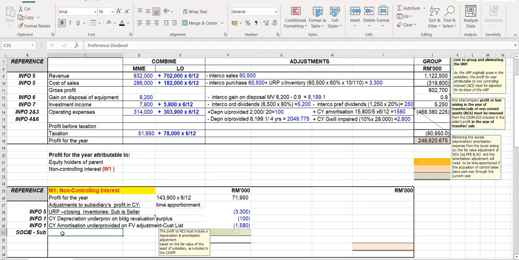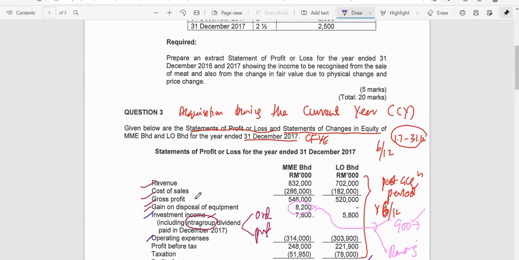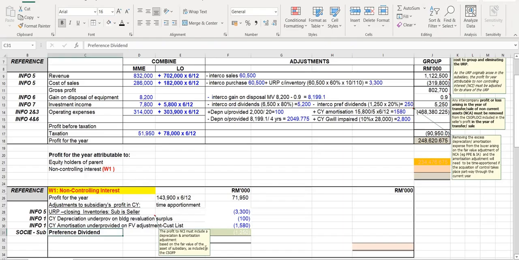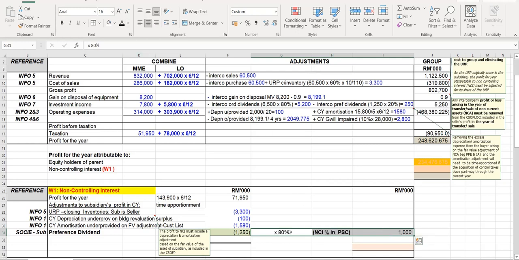And the last one here would be to look if there is any preference dividend. So here you have the preference dividend in the subsidiary. You are not informed what is the rate, but since you are not given, you just take the preference dividend in the subsidiary company, this one. And you need to go and check what is the share of the parent, share of the non-controlling interest in that dividend.